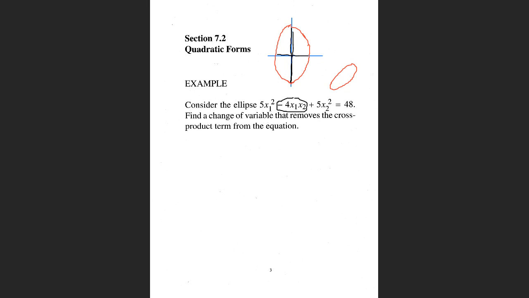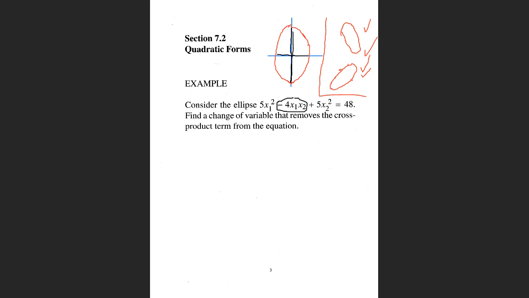And I think I remember in high school when I did one like that, I had to plot like 20 points or something to plot the ellipse, right? Because it's not something that I'm that familiar with. But using quadratic forms, we can plot ellipses like these.